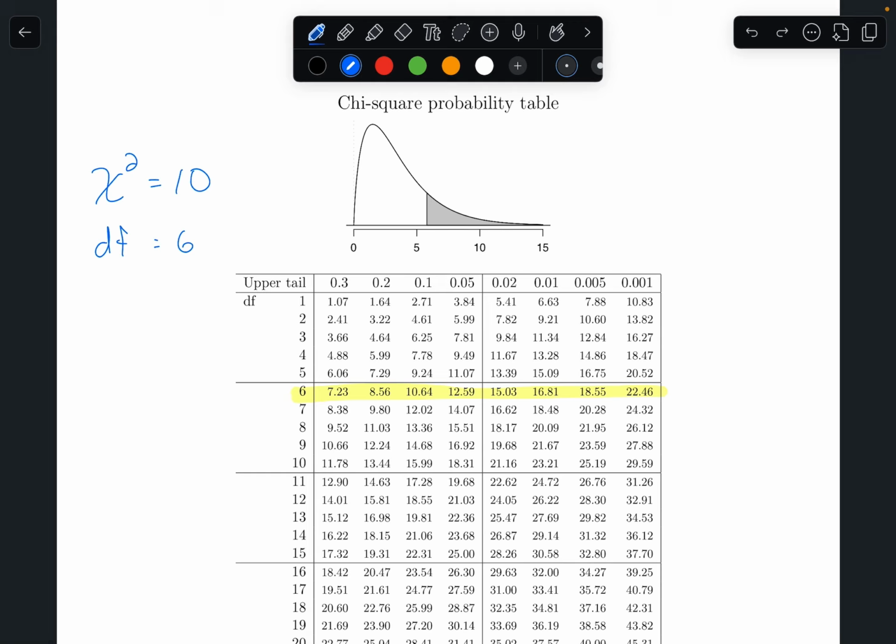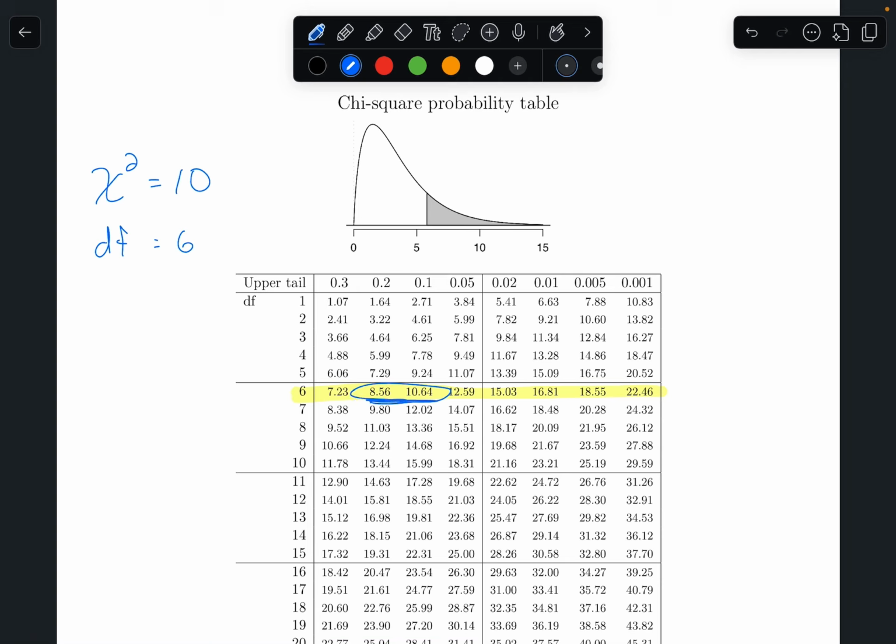So all of these numbers within this row represent chi-square values, and I'm going to find where 10 lives in relation to them. First of all, it's not between 7.2 and 8.56. It does, however, live between 8.56 and 10.64.